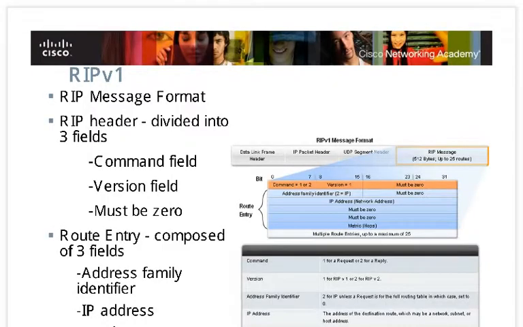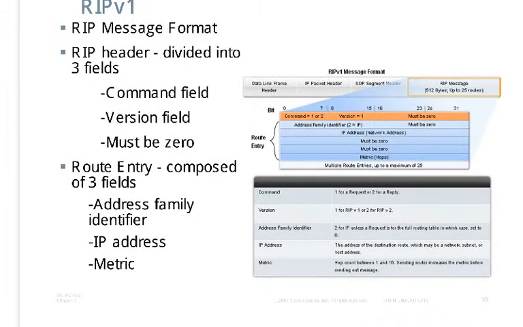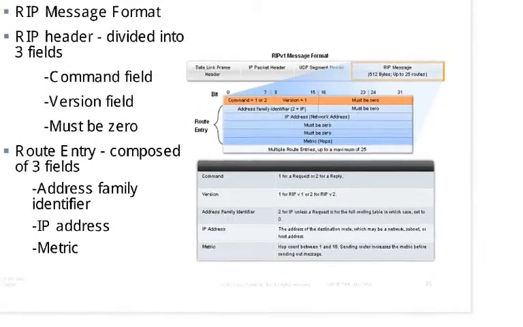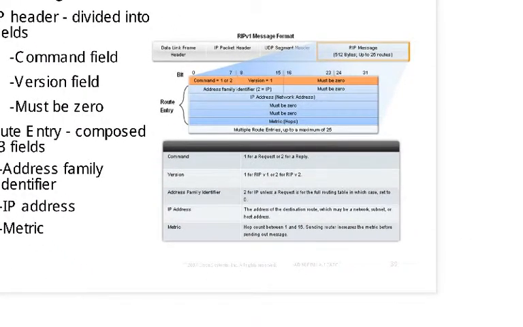So we'll dig into the message specification for RIP version 1. The message here, for RIP version 1, represents the route update basically. And this message contains the information from the routing table.